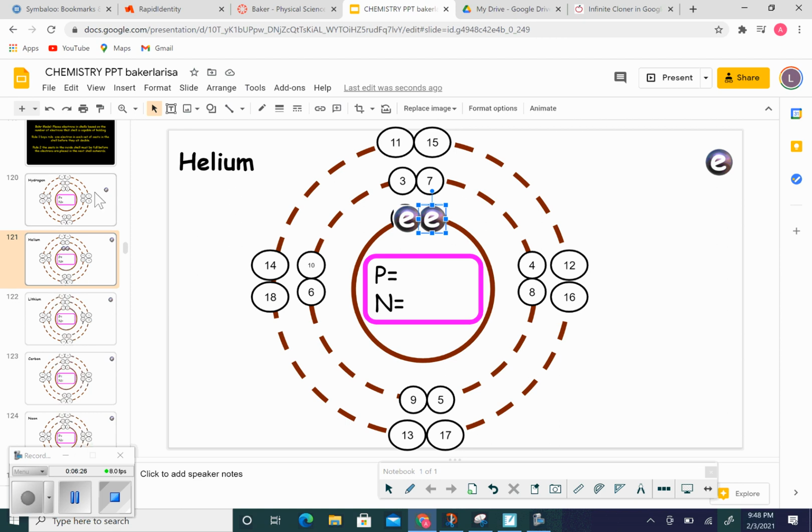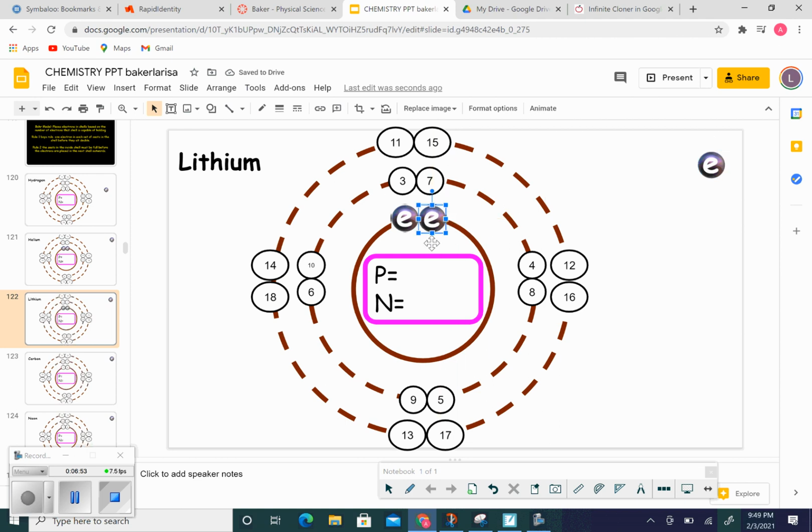Okay? Now, let's look at lithium. Lithium has 3 protons, and I don't remember off the top of my head how many neutrons it has. It probably has 3. But we are interested in the fact that it has 3 electrons. So this electron goes here, number 1 spot. This electron goes here, number 2 spot.